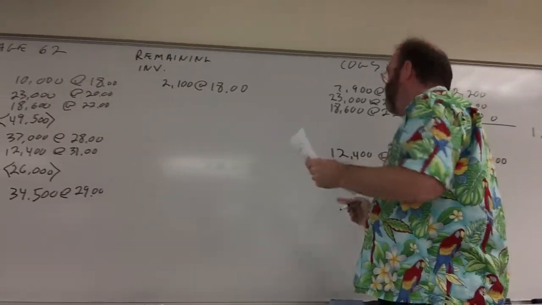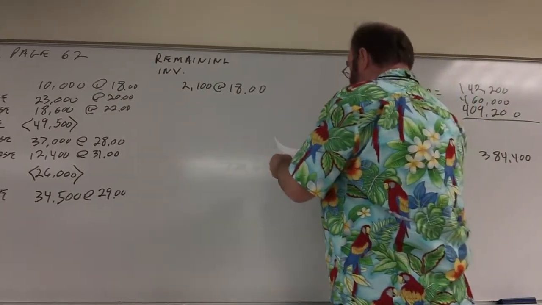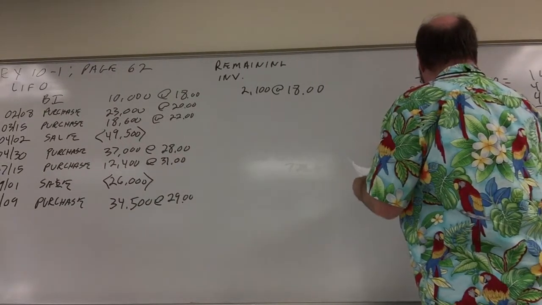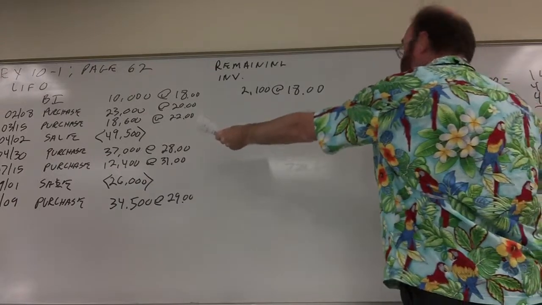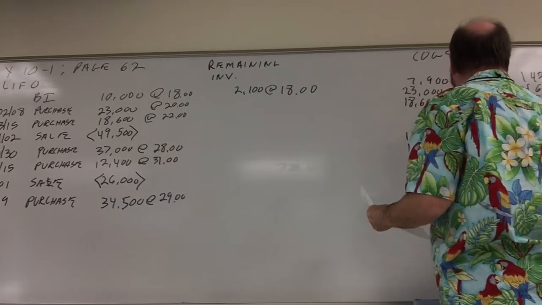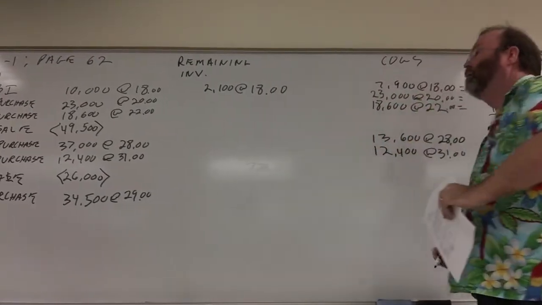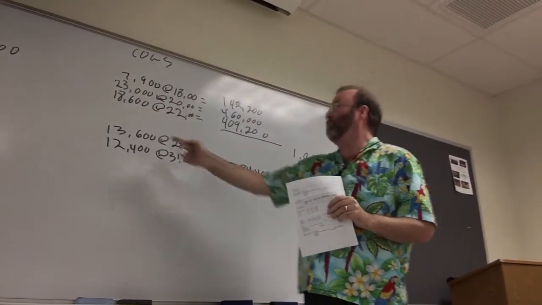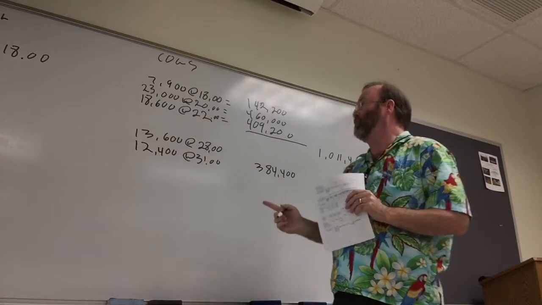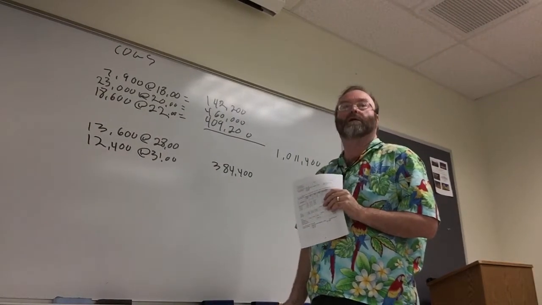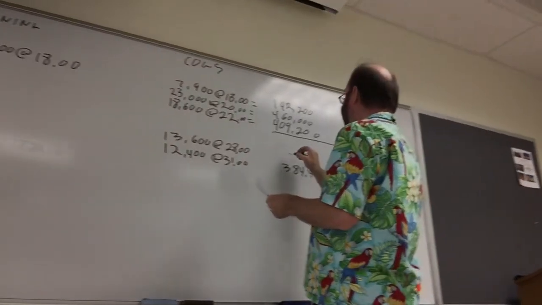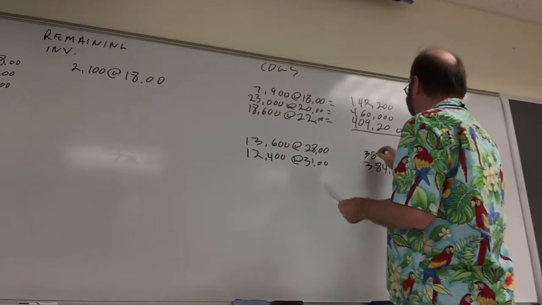And then we've got 13,600 left out of this $28 batch. So what is that one? 13,600 times 28. 380,800.